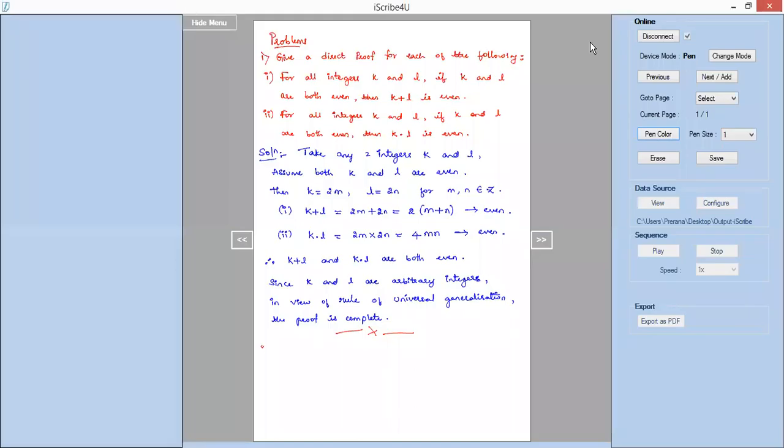Second question. Provide a proof by contradiction of the following statement.